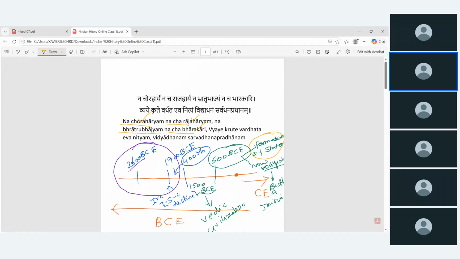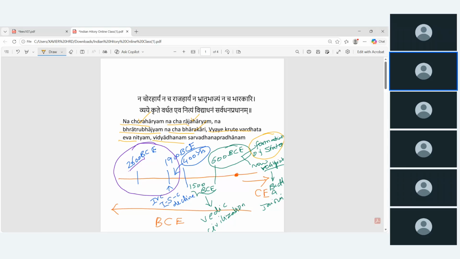Vyaye krte vardhata eva nityam, which means it will continuously grow whenever you use it more. That means if you are learning more, your knowledge will keep on increasing.